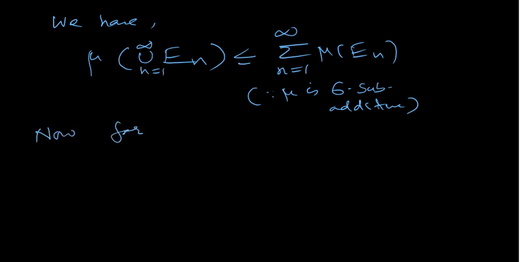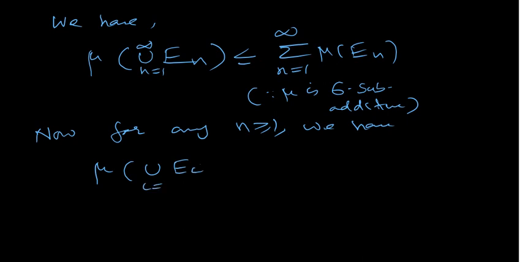Now for any n greater or equal to 1, we have mu of union Ei, i runs from 1 to n, is equal to the summation i runs from 1 to n.